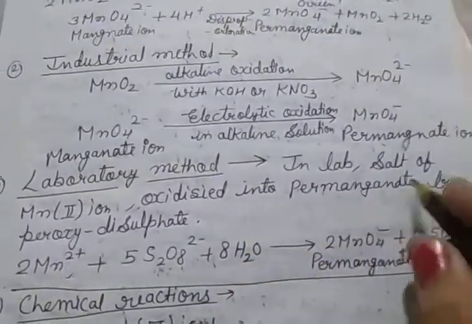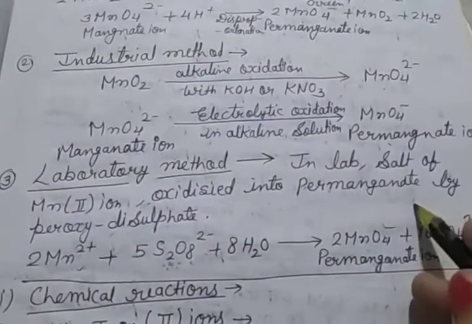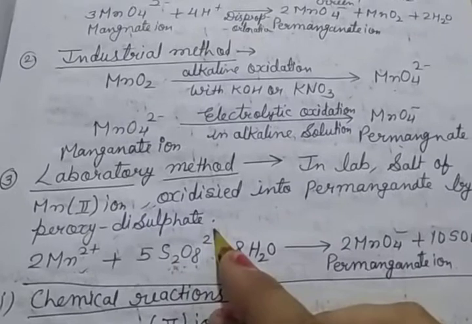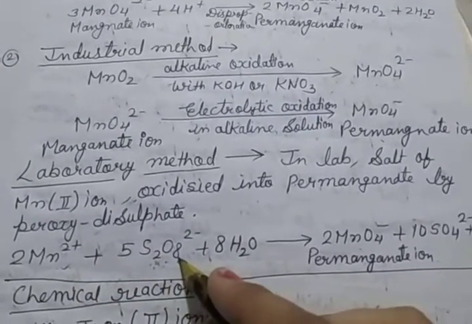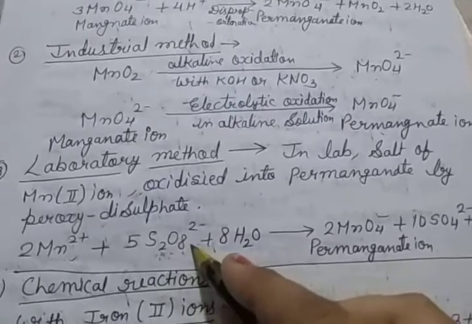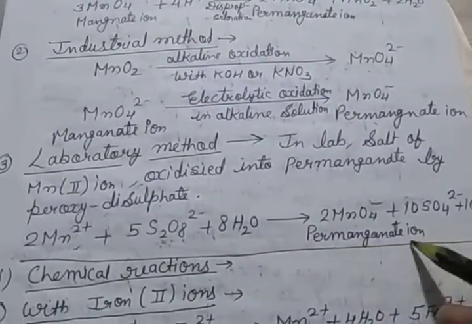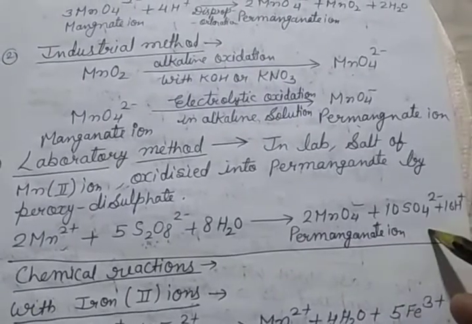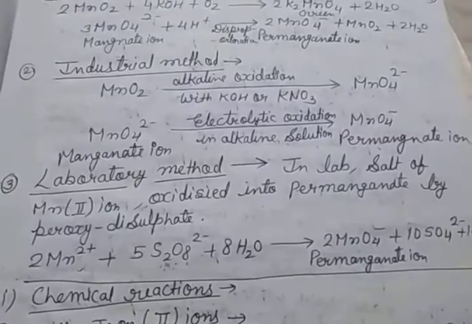In the lab, a salt of manganese(II) ion is oxidized into permanganate by peroxydisulfate. Like 2Mn2+ reacts with 5S2O8 2- plus 8H2O, so it converts into the permanganate ion and then SO4 2- plus 16H+. So this is the laboratory method.